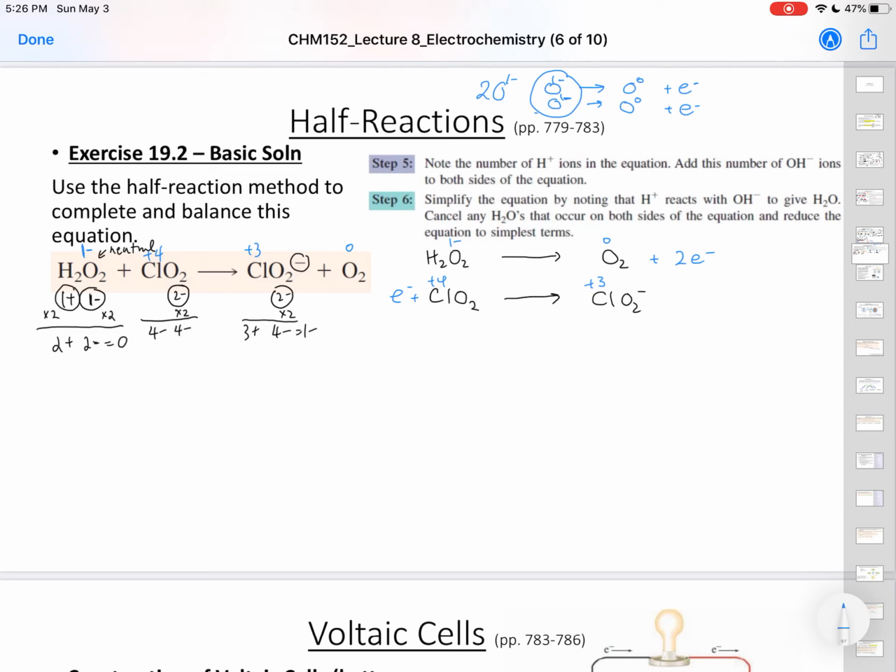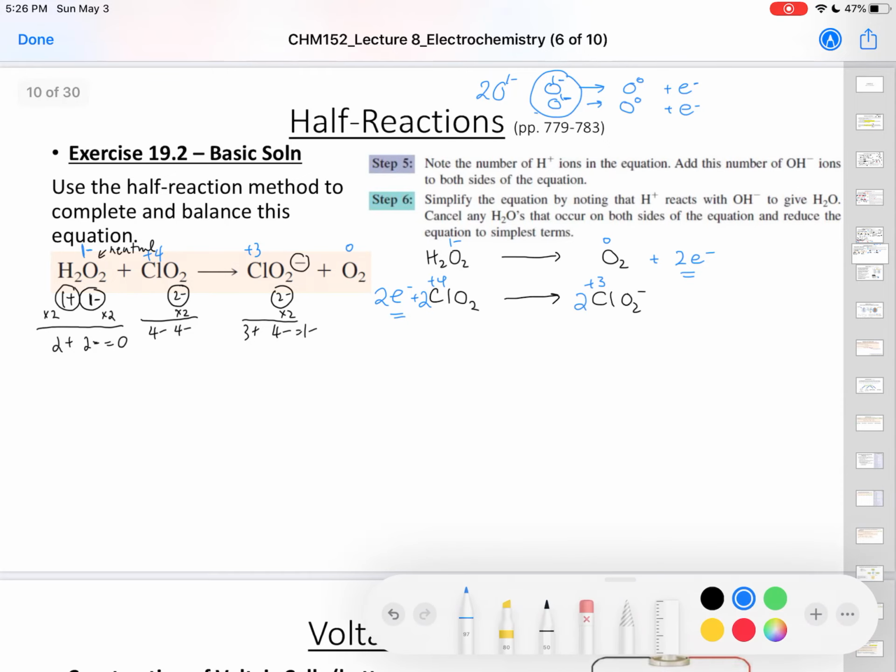Okay, so that together is nicely done. But notice this bottom half reaction has only one electron, and you have 2 electrons here. The only way to balance this out is to multiply this bottom reaction by 2. So we're going to go 2, 2, and 2.